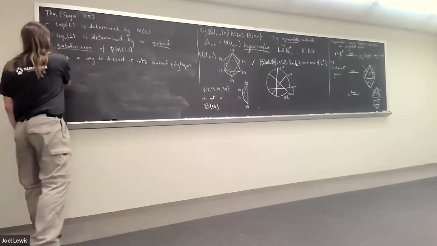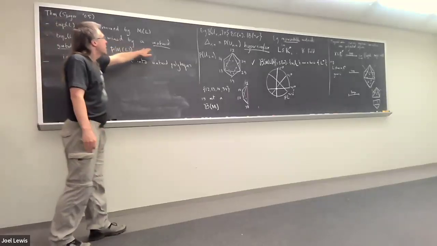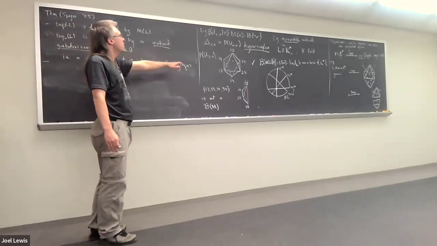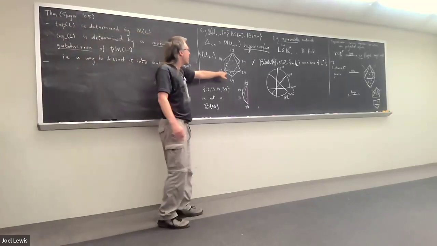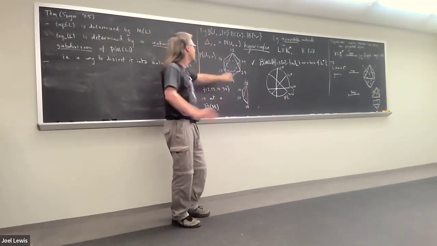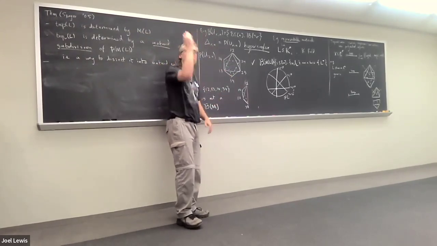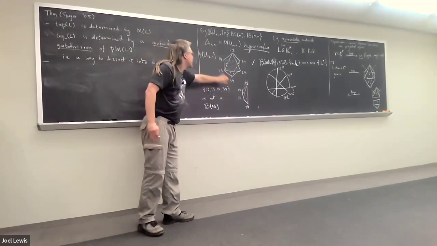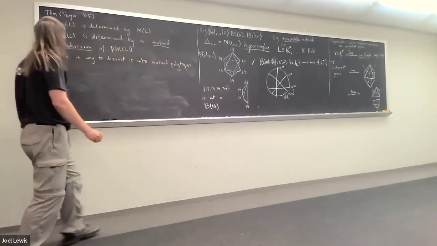Extremal combinatorial question. How many pieces can I cut a matroid polytope into without making new edges? Maybe you can see I can't go finer than this in this case. I can't cut the square pyramid any finer without making a new edge. So this is kind of as far as you can go here.